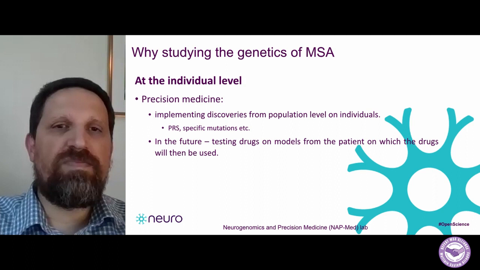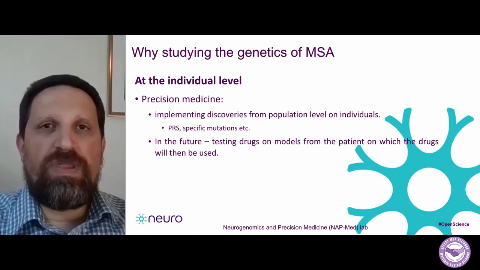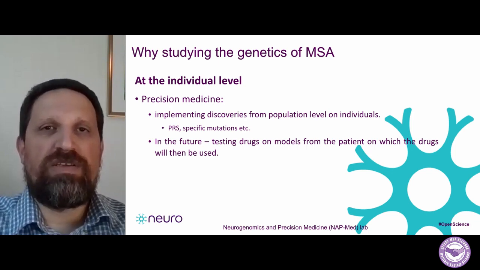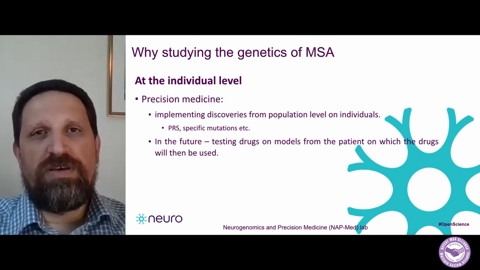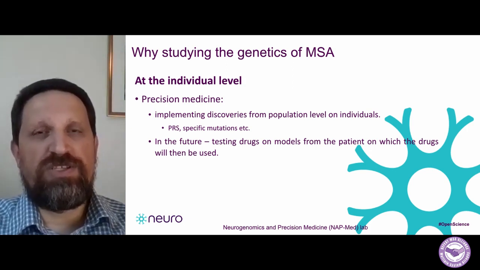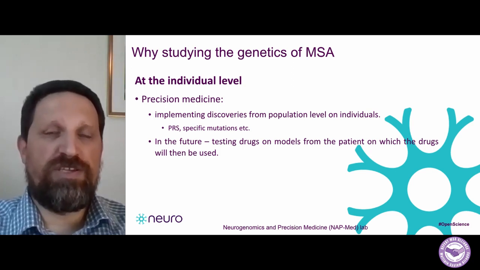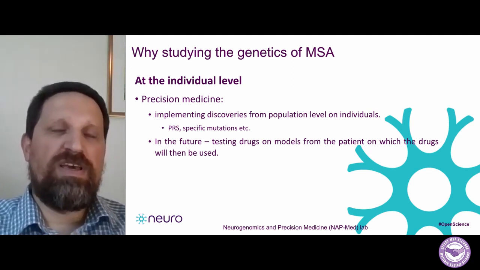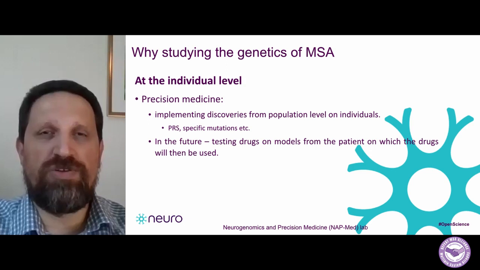In the future, and that's not something that is going to happen anytime soon, but it's definitely one of the directions that people are aiming at, is to use tissues from patients, test their genetics based on these genetic tests and other tests, try different medications on that tissue that was collected from the patient, and then later on go back to the patient and give them the drugs that work on the model based on their tissues.